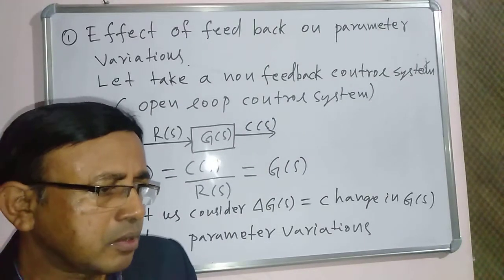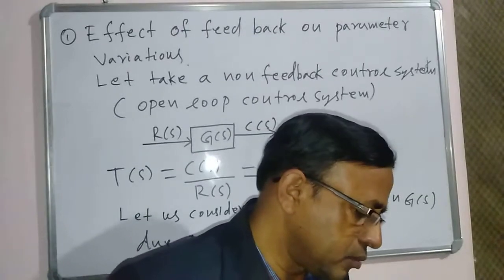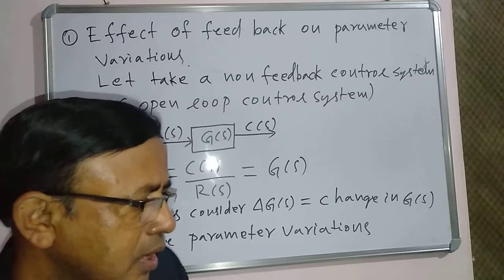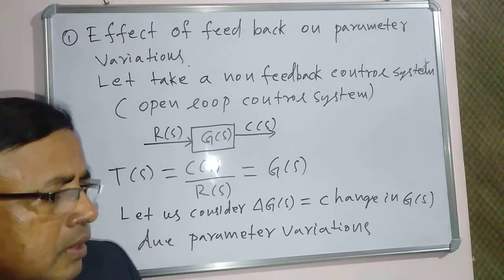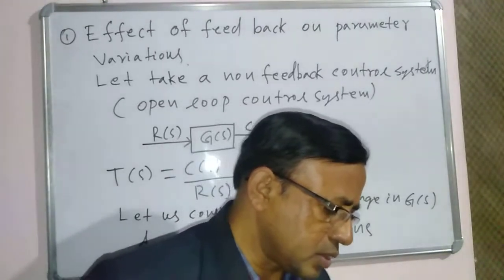For example, in case of DC motor speed control, when the motor starts rotating, due to change in temperature the resistance changes and the parameter also changes.